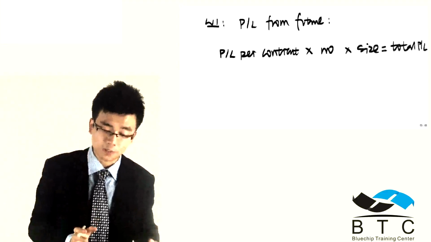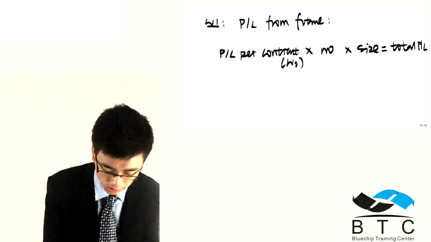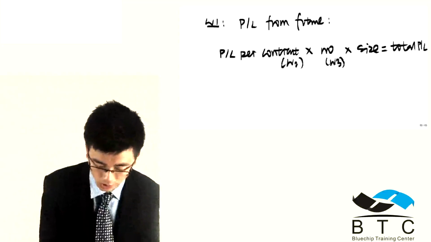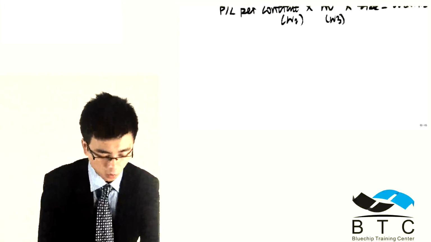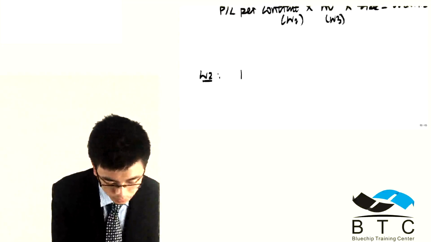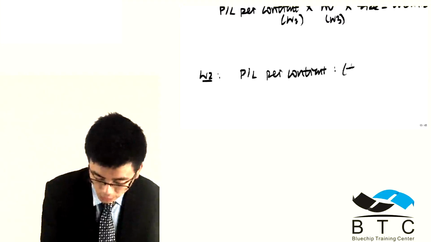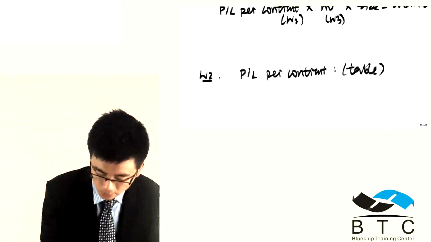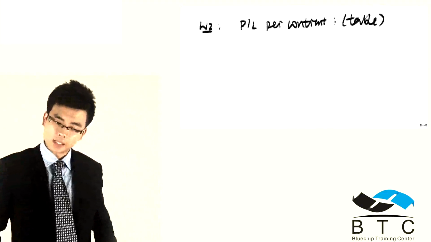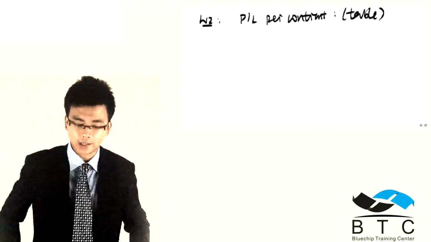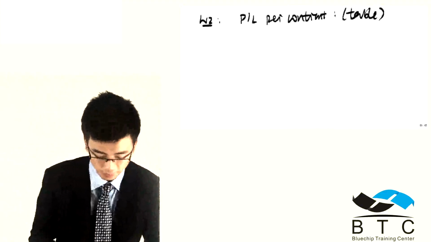And the profit loss per futures contract will normally be in the working number 2, and the number of contracts will be in the working number 3. So working number 2 is the profit loss per futures contract. This will be in a table. That's no problem. In the exam, you just write this down, okay? And it's quite professional to do so.